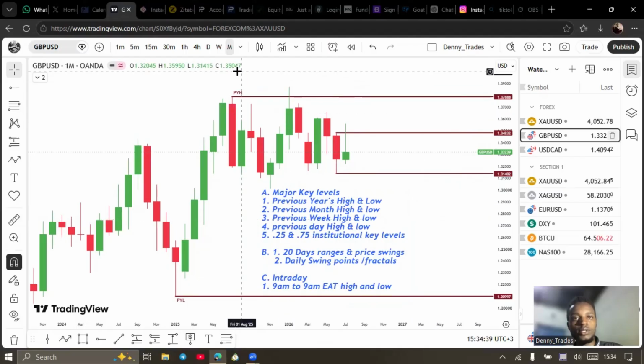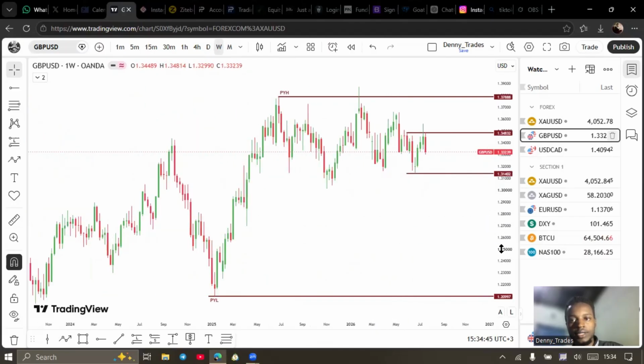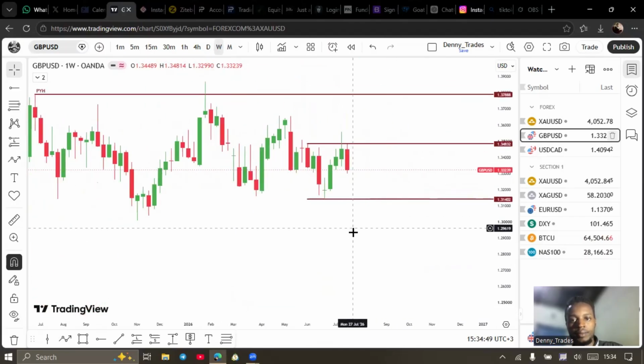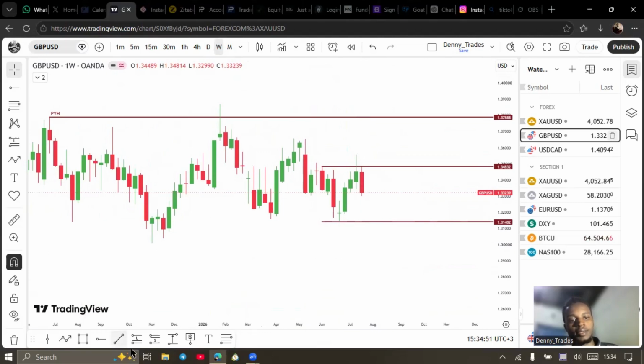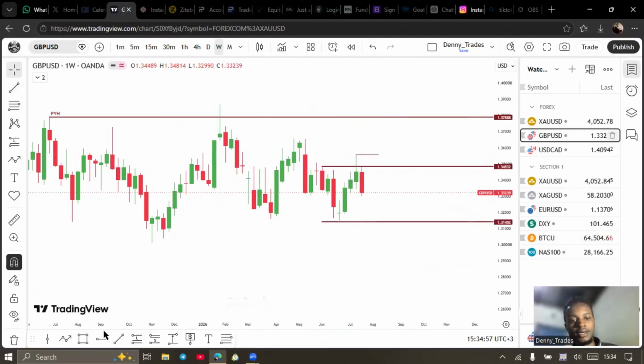So we are going to go on the weekly time frame, and on the weekly time frame, we are going to mark the previous week's high and the previous week's low. So you will note that price is doing either of these two things.